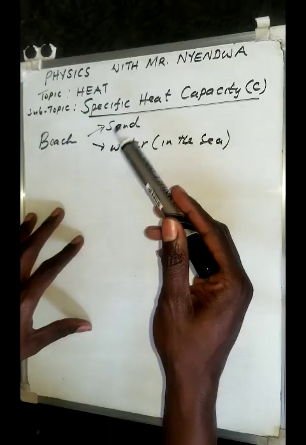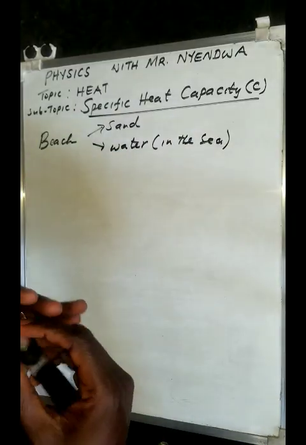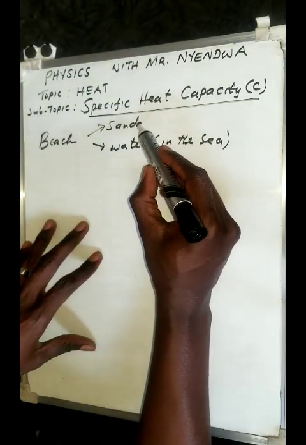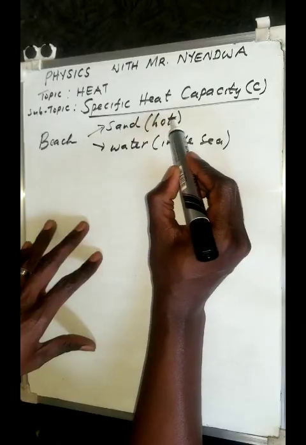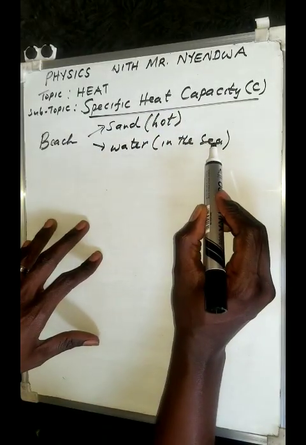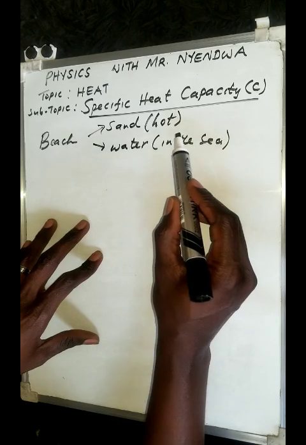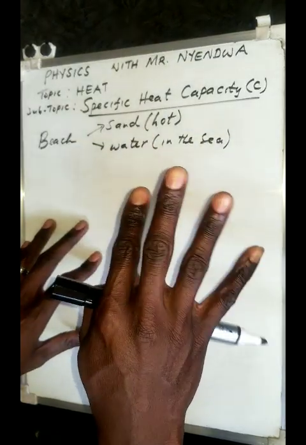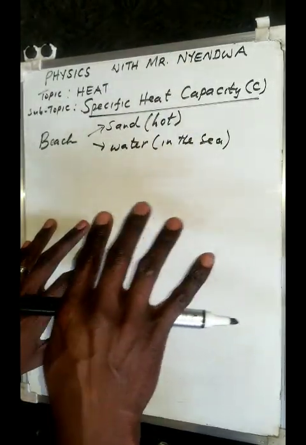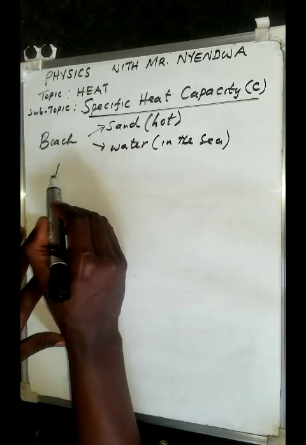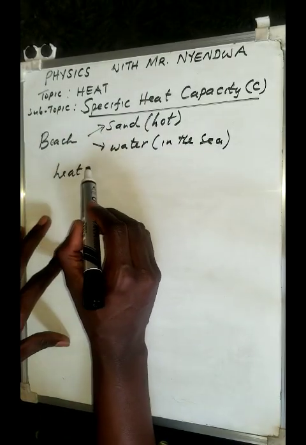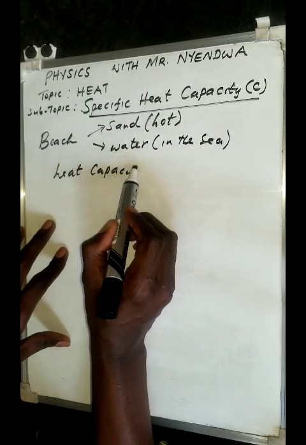However, which of the two is going to get hotter very quickly? Of course, the sand is going to get very hot quickly as compared to the water in the sea, because the water in the sea gets hot very slowly. Now, why the difference? Well, this can be explained in terms of what we simply call heat capacity.